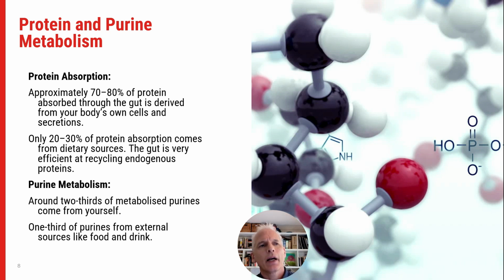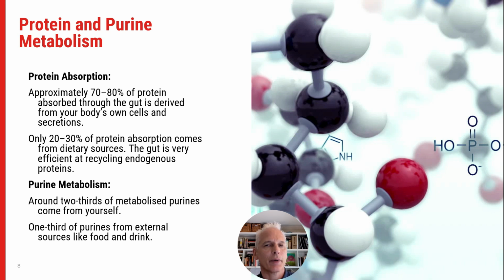Just to reinforce this fact, approximately 70 to 80% of the protein absorbed through your gut is actually derived from yourself. It doesn't come from the food you're eating, it's coming from breaking yourself down. So you're shedding off the lining of your stomach, you have mucus going into your stomach, and that contains cells which are then broken down, and interestingly it gets recycled.